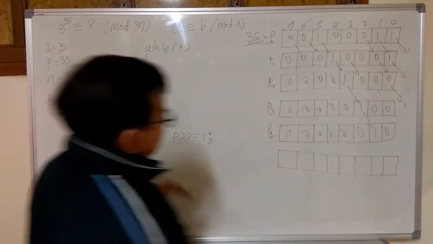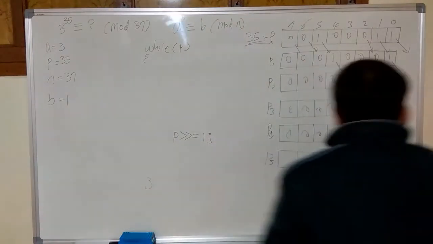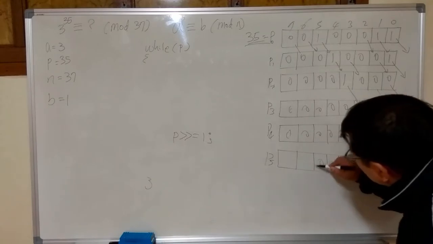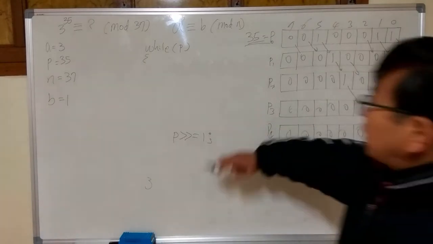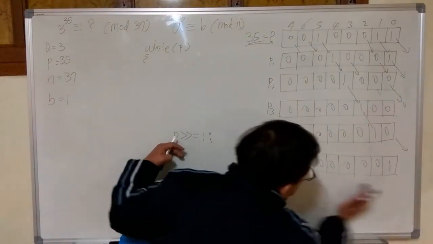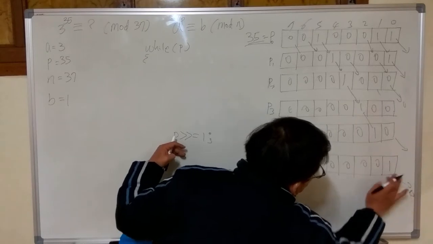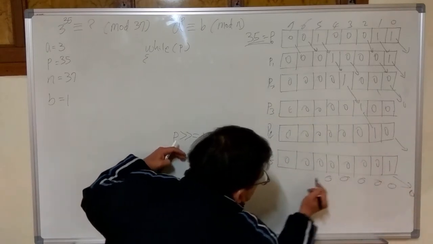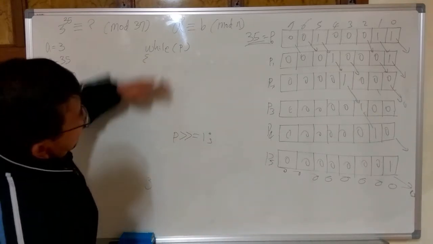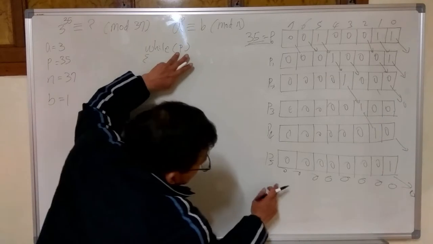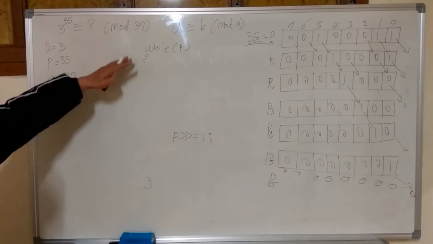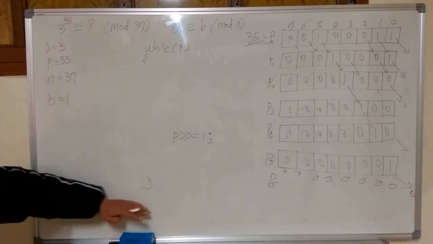So it loops again, P5, and the bits become 1, 0, 0, 0, 0, 0, 0, 0. If we shift once again, then remaining are all zeros. At this P6 stage, P is 0, so it jumps out of the loop.